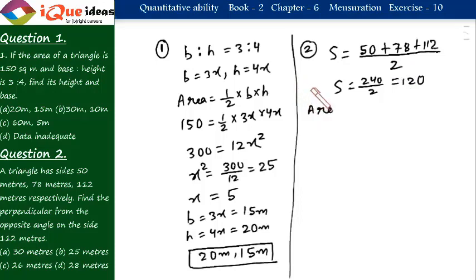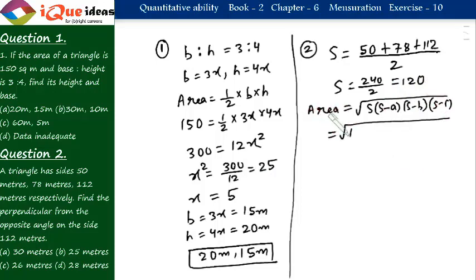From here we get the area. The area formula is the square root of S into S minus A into S minus B into S minus C. A, B, C are the sides. So we have square root of S is 120 into S minus A is 120 minus 50, then S minus B will be 120 minus 78, and S minus C would be 120 minus 112.